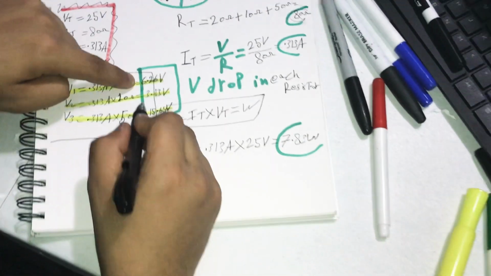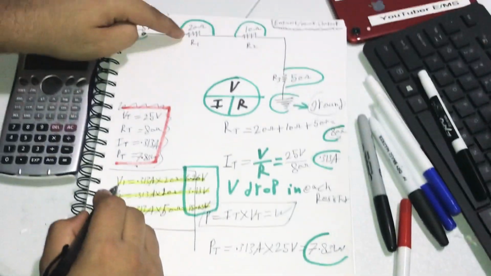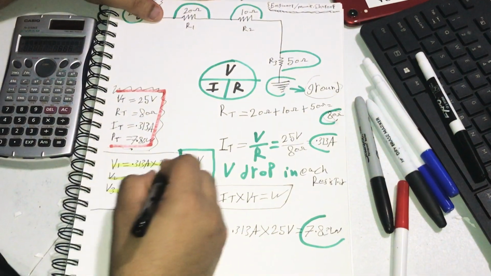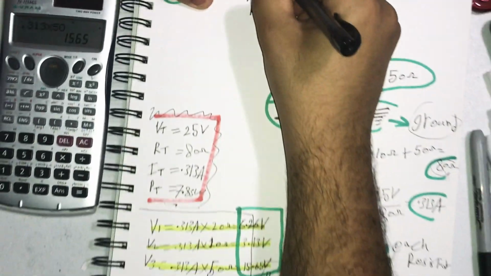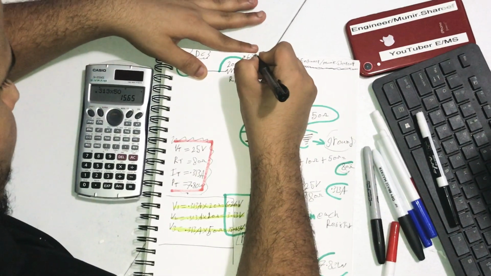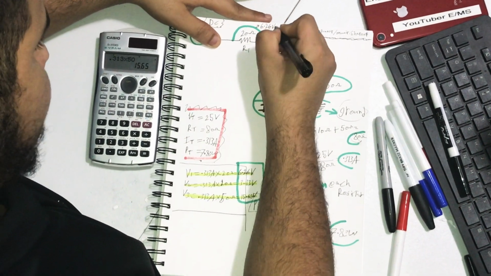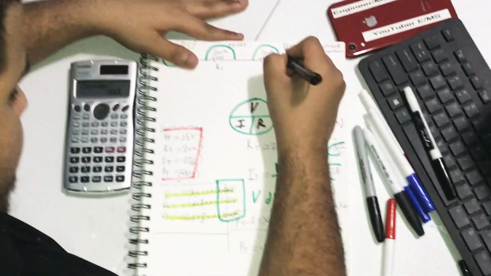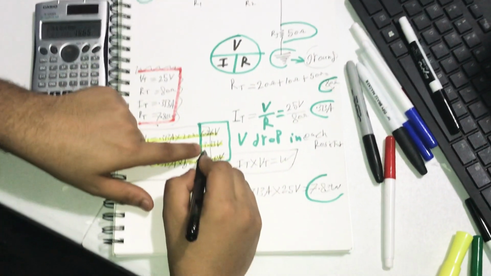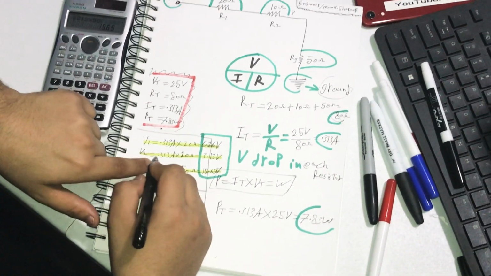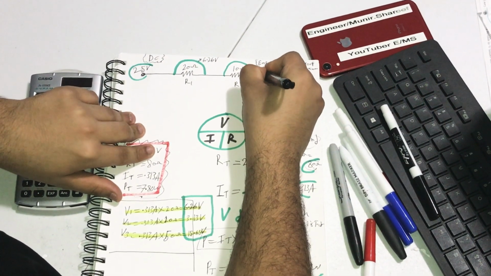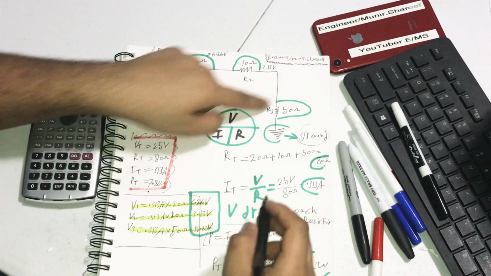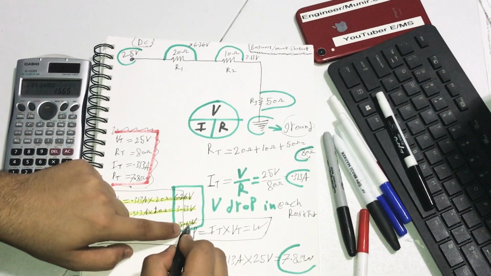So in R1, what's the answer? 6.26 volts. It's right here. And the other one: the voltage number 2 is 3.13 volts. And the number 3 is 15.65 volts.